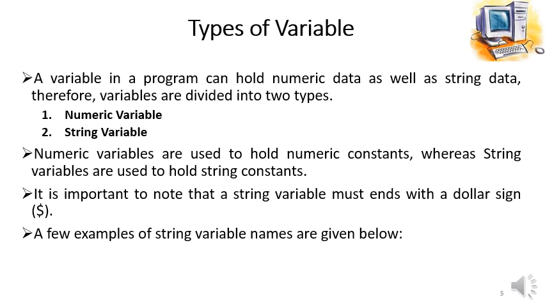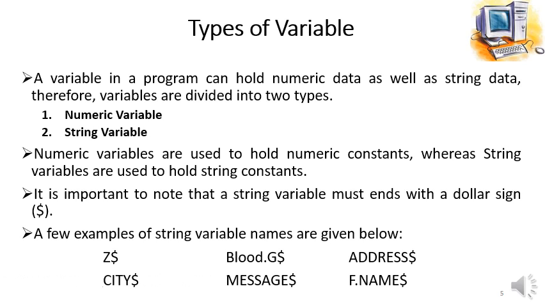A few examples of string variable names are given below. Here Z ends with the dollar sign, so it identifies that Z is a string variable. Blood.g means blood group and ends with the dollar sign, which shows that it's a string variable. In the same way, address ends with the dollar sign and it identifies address as a string variable.